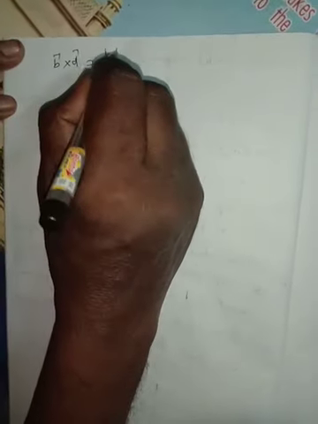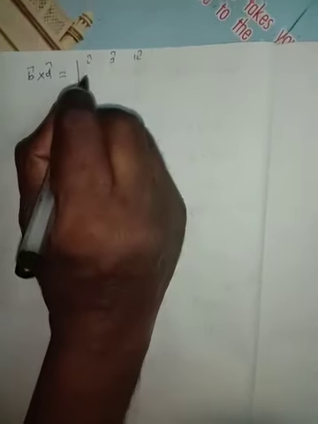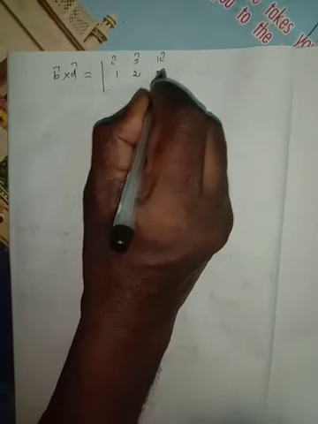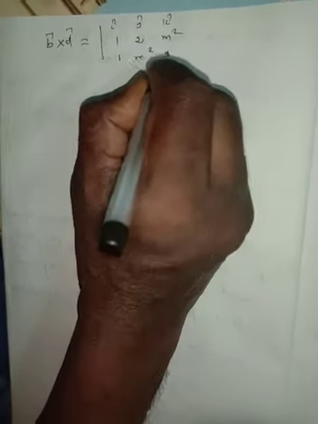Next, b cross d vector is the determinant with rows i vector, j vector, k vector; b vector is 1, 2, m square; d vector is 1, m square, 2.